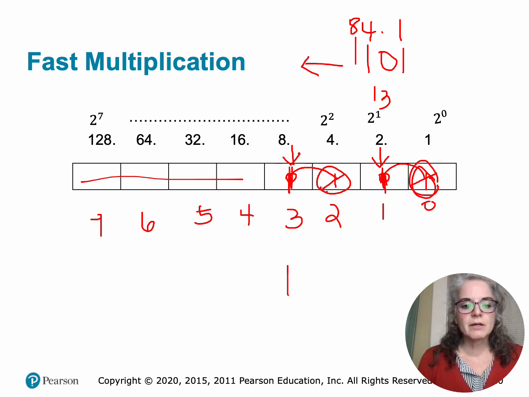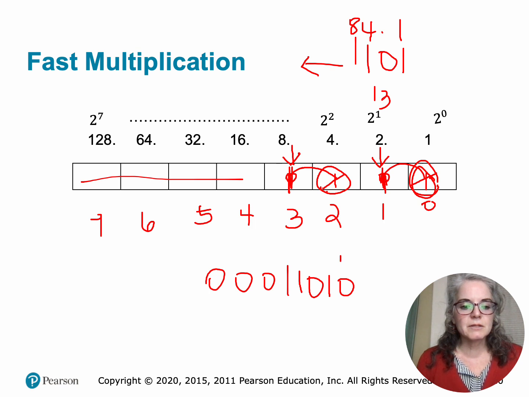So I'm going to have 1, 1, 0, 1, and then these are zeros over here, right? So this is worth 1, this is worth 2, 4, 8, 16.